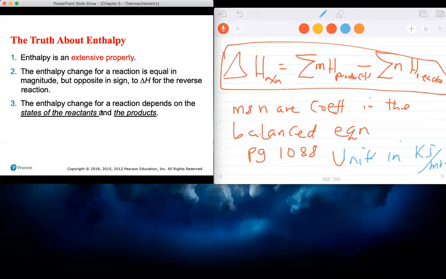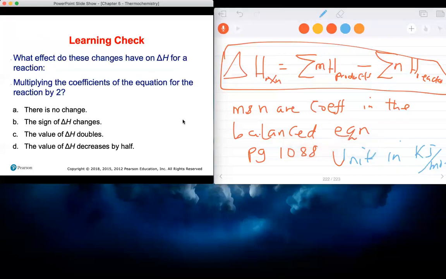And then enthalpy also depends on the physical state of the products and reactants. What do we mean by state? Is it solid state? Is it liquid state? Or is it gaseous state? You've got to pay attention to those terms.